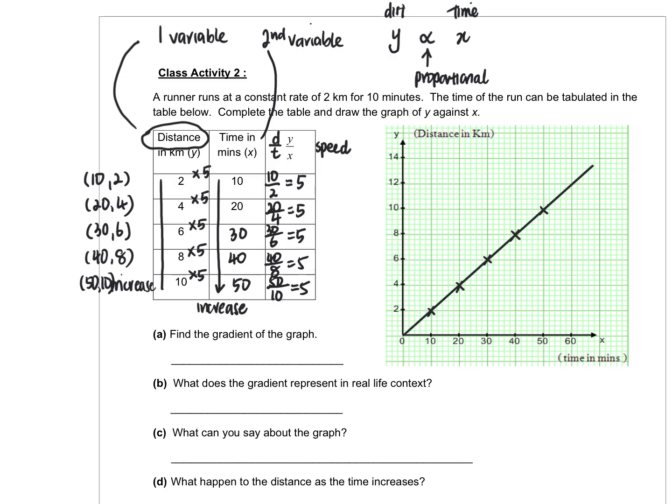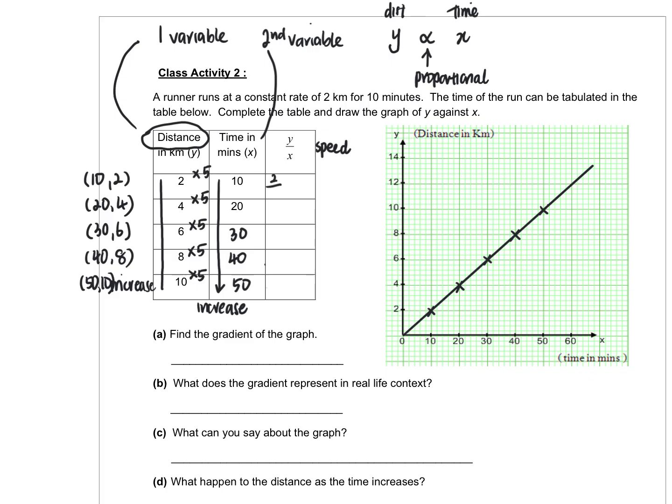Why is my value different from yours? They want you to use y divided by x.